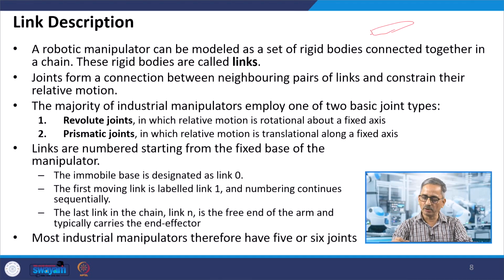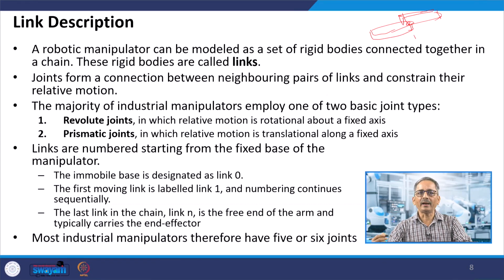Say you have a rigid body here, you have another rigid body like this. These rigid bodies are called links. And the joints, such as one here, form a connection between the neighboring pair of links, and constrain their relative motion.